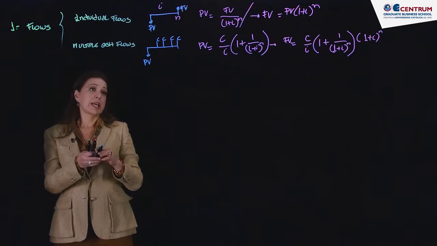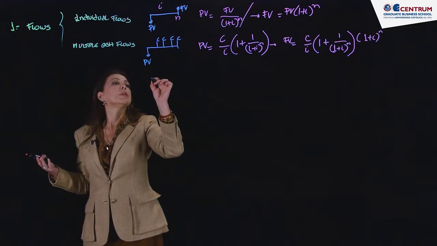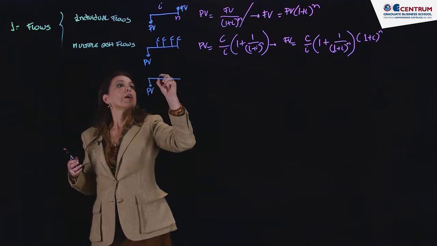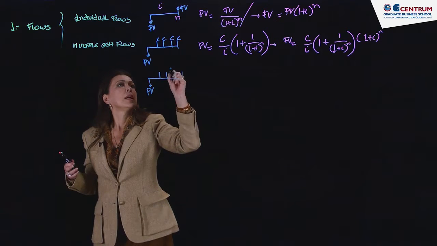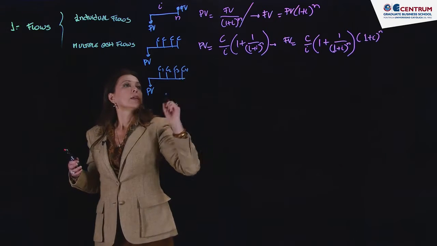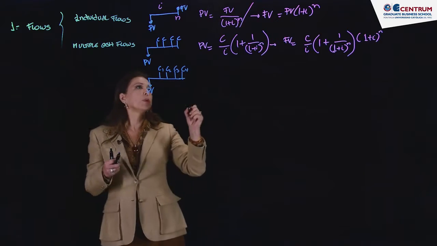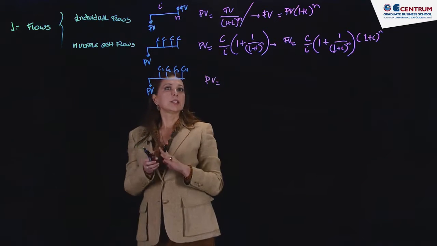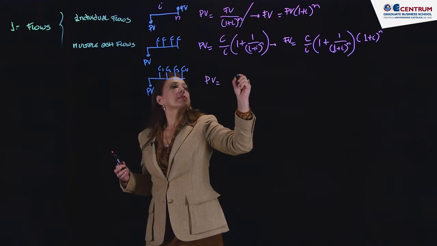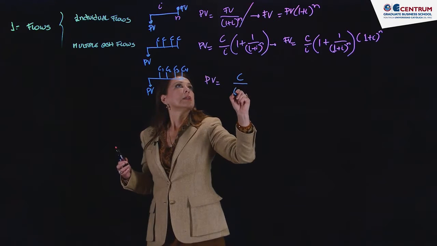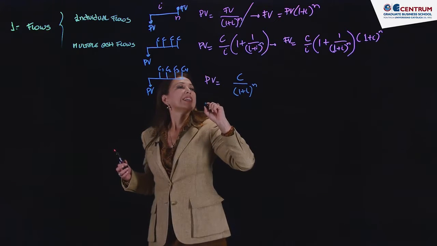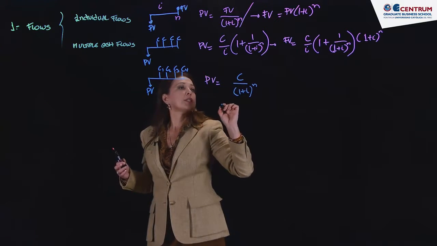But we can have some cases when the amounts are not the same. So this will look something like this. You want to find the present value, and you have different amounts. Let's say C1, C2, C3, C4. In this case, our present value is going to be C divided by 1 plus I to the n, and the present value is going to be the sum of these amounts.